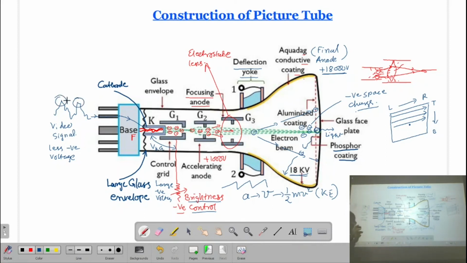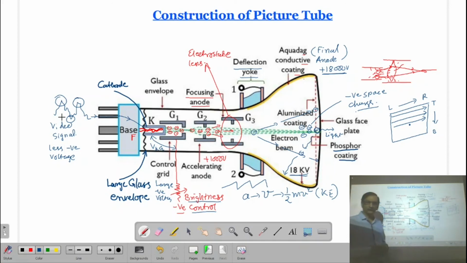If you have the maximum voltage, that corresponds to a white color. In that case, the voltage between the cathode and the grid will be large, more positive. So a large number of electrons will come out and produce the white area. Where the voltage is less, the voltage between the cathode and grid is small, and fewer electrons will come out from the electron gun, and that will produce a dark area on the picture tube.